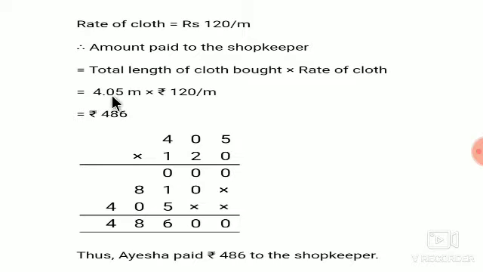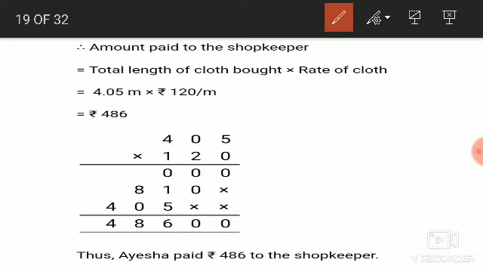The total length we just found, 4.05, multiplied by 120. So after multiplication, ignore the decimal point and multiply it by the regular method of multiplication. And after decimal point, there are two digits, so you can place the decimal point here.